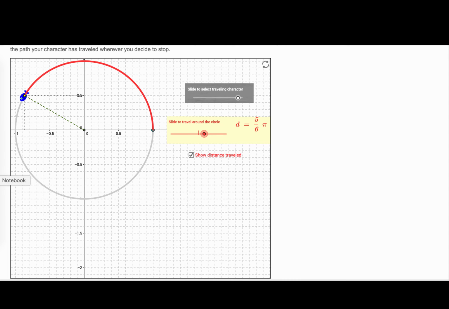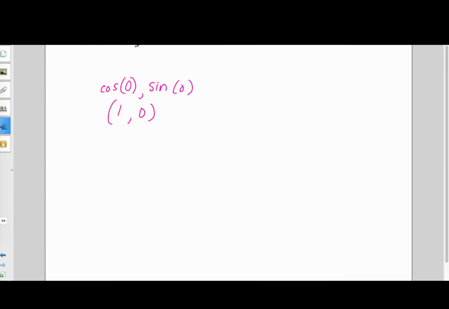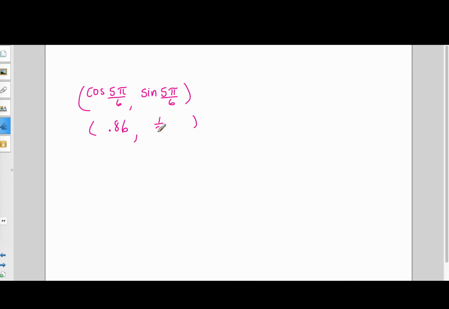So if I came back here and I said, all right, cosine of 5 pi over 6 and the sine of 5 pi over 6, well, that will reveal the point that I went over approximately 0.86 and I went up approximately a half.